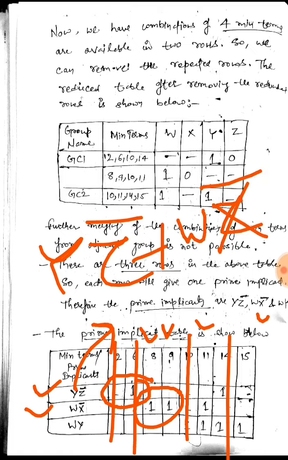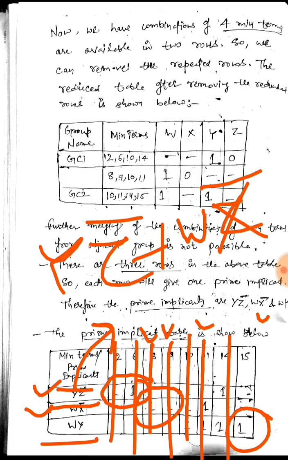So now I remove the second row as well, and the columns corresponding to it, that is 8, 9 and 11. Now I remain with only the minterm 15 and the last prime implicant, so that would be my third essential prime implicant.